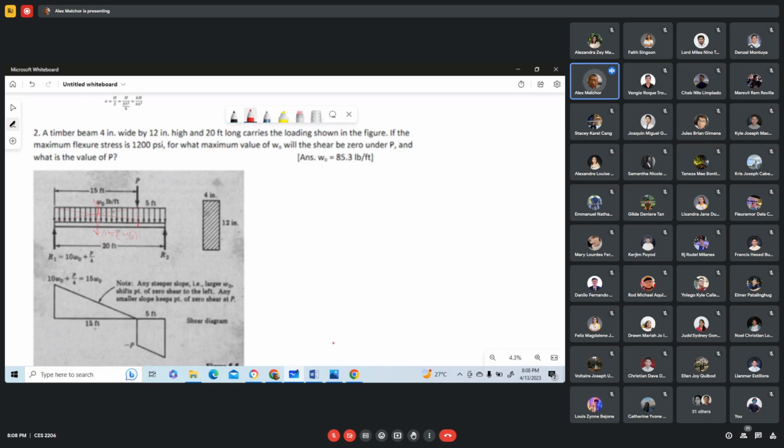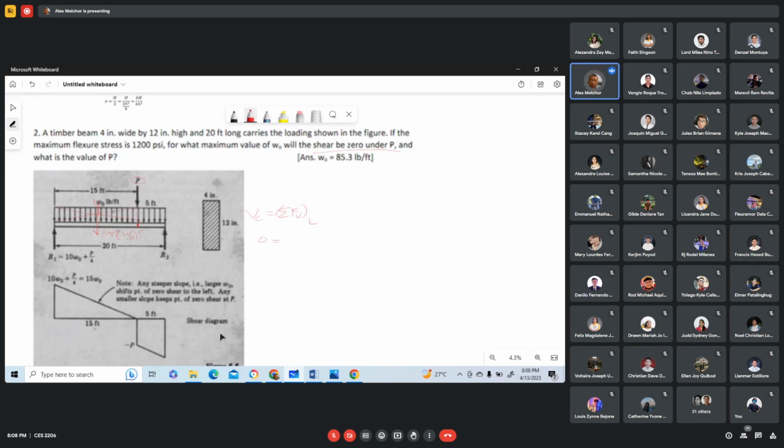Okay, so the shear at this section here, if I call that section C, the shear at C equals the summation of vertical forces considering the left. Since we are given that the shear under the load P is 0, the shear at C is 0.